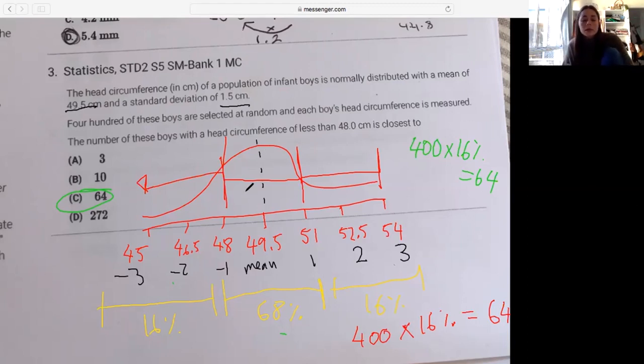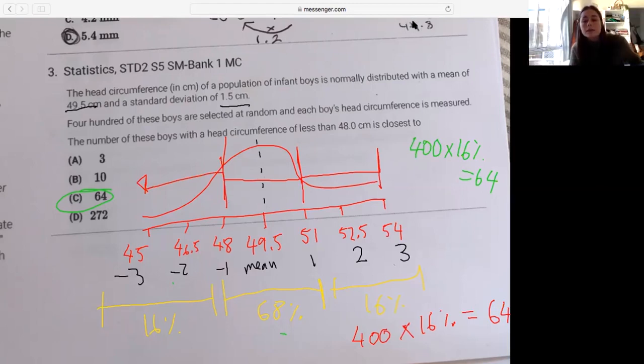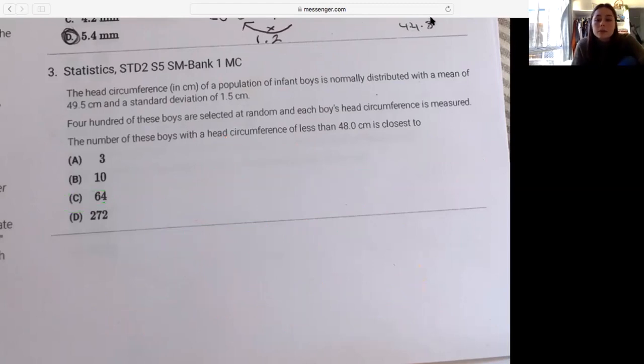You might not have to draw this, but if you don't draw it, then you just have to work it out in your head. So you could do, what would you do? You could do mean equals 49.5. And then they have a standard deviation of 1.5, and you need to get to 48.